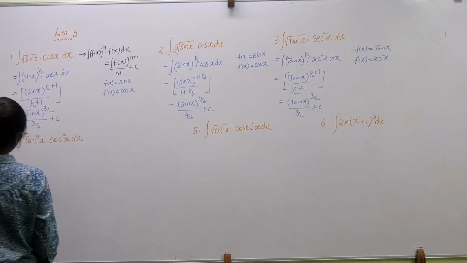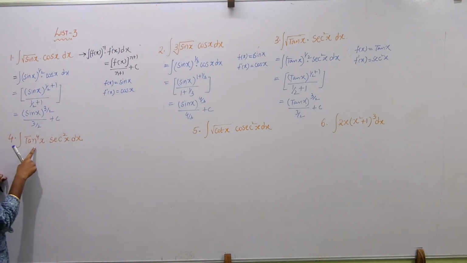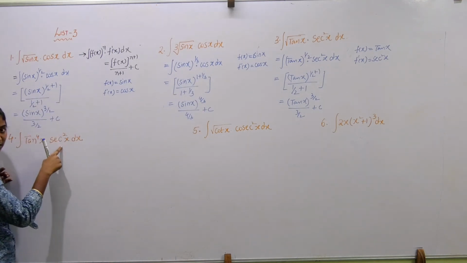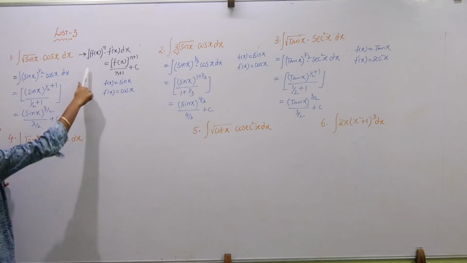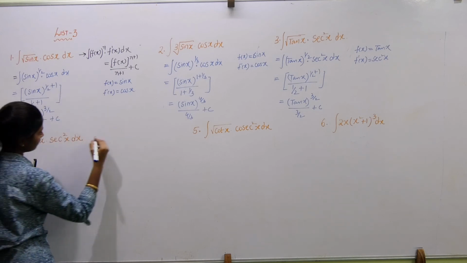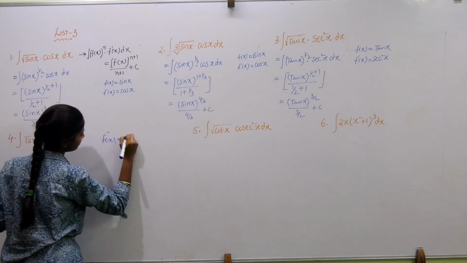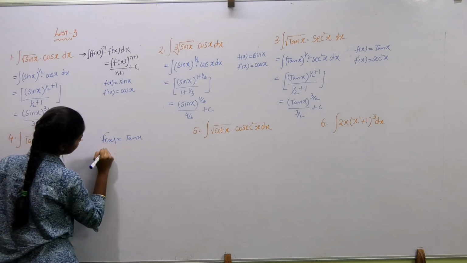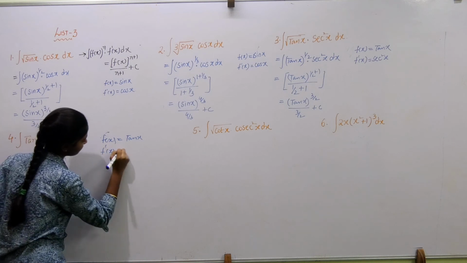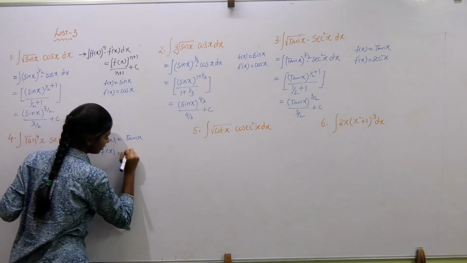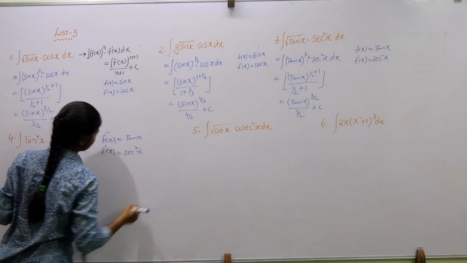Next, fourth question: integral of (tan x)^4 into secant square x dx. We use the same formula. Here f(x) is equal to tan x and f'(x), that is d/dx of tan x, is secant square x.